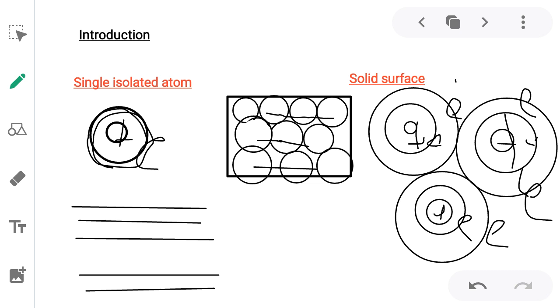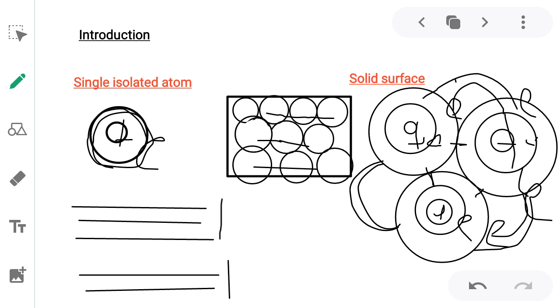In this case, there is a possibility of intermixing of the electrons from atom to atom because they are tightly bonded to one another. When this intermixing of the electrons from one orbit to another orbit takes place, some energy levels are formed. How are these two types of energy levels formed?